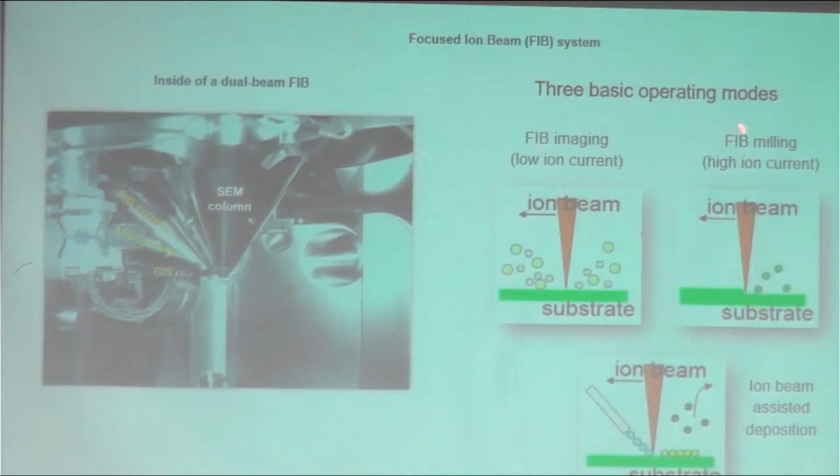Then if you increase the ion current, you can remove material from the surface. And you can also use ion beam assisted deposition, using the ion beam and the gas injection system. These three modes are used in the FIB system; the milling is the main mode used for the specimen, this one is for imaging, and this one is for the preparation of a protective layer.